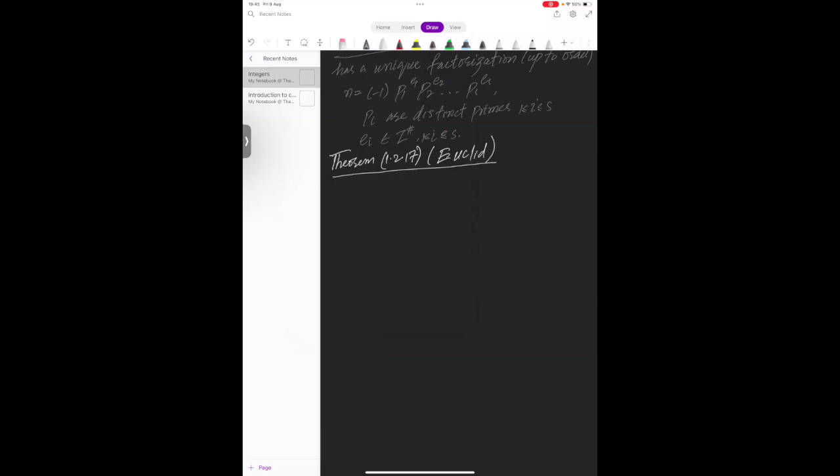This says there are an infinite number of primes.